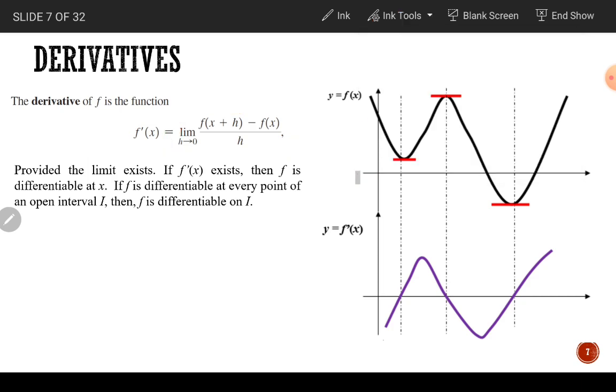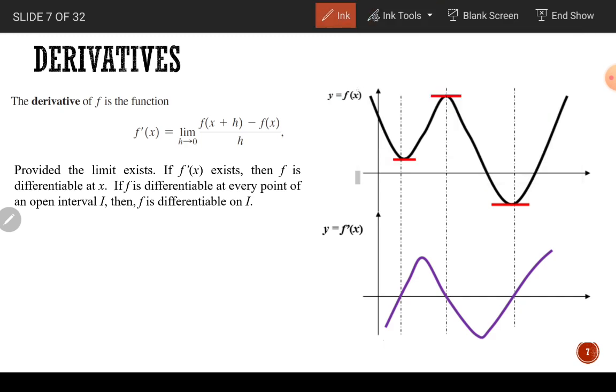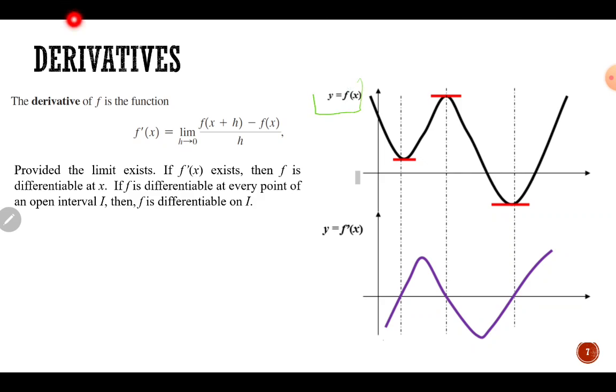Okay, so let me explain to you about these two graphs. Kalau you tengok graph sekarang ni, we have the first graph y equals to f(x). The black curve here is the graph for y equals to f(x). Yang kat bawah dia ni adalah y equals to f prime x.